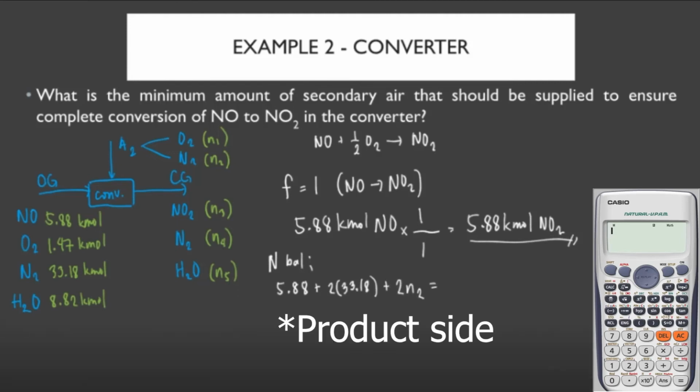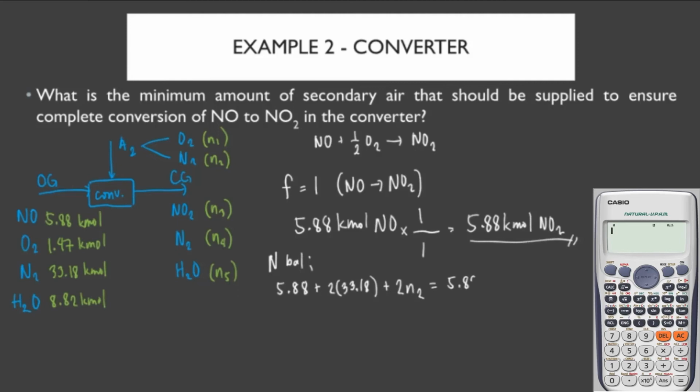And then on the product side, we have N3, which is 5.88. This is the number of kilomoles of NO2 in the product stream, plus 2N4. Again, we have two unknowns, so let's label this as equation 1 and then look for another equation describing the system for us to have two equations and two unknowns.